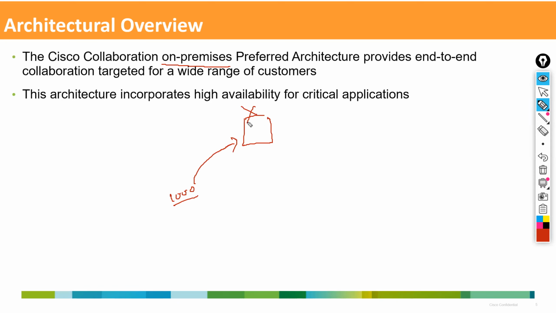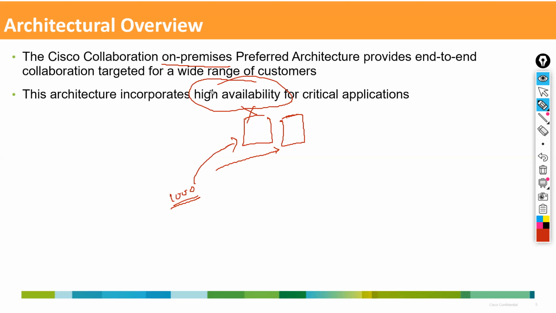If this server goes down, what happens? It disturbs all 1,000 users, right? Because of this, we require one more server, a backup server. If this goes down, there is another server, and automatically it will provide all the services. That we call high availability.